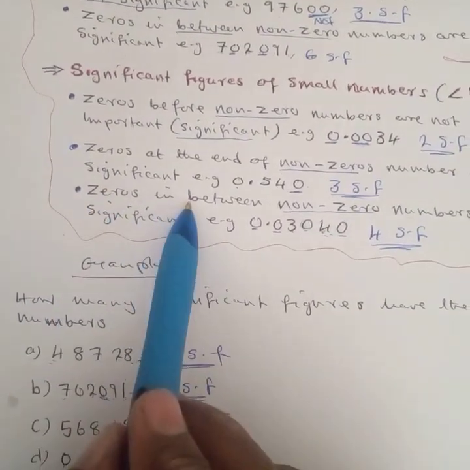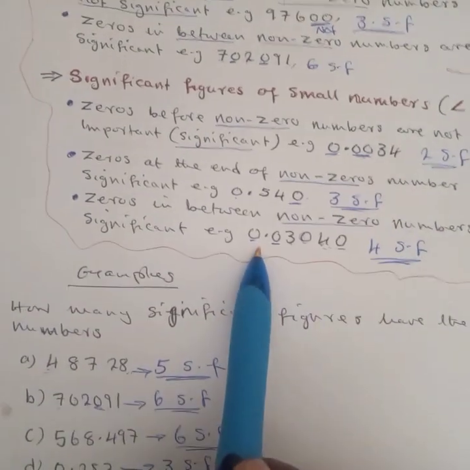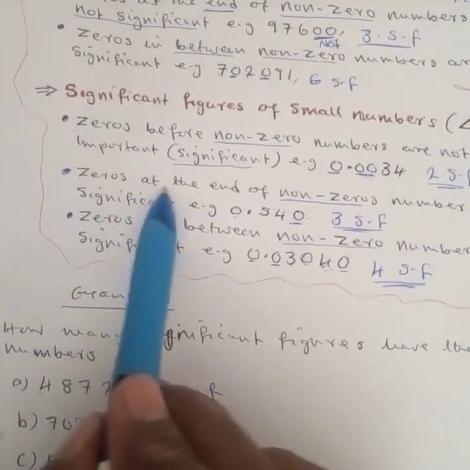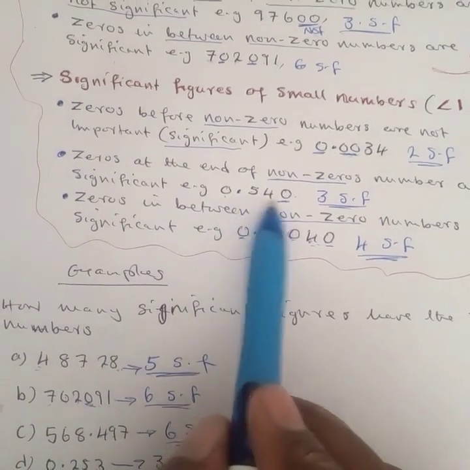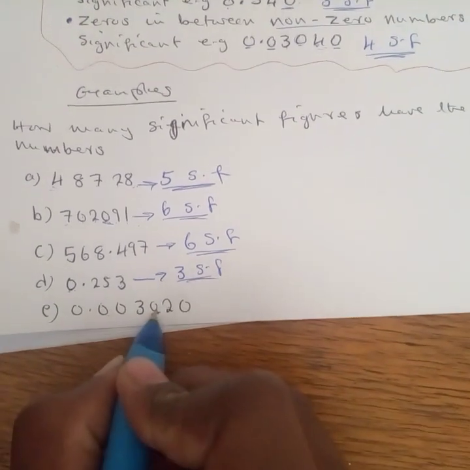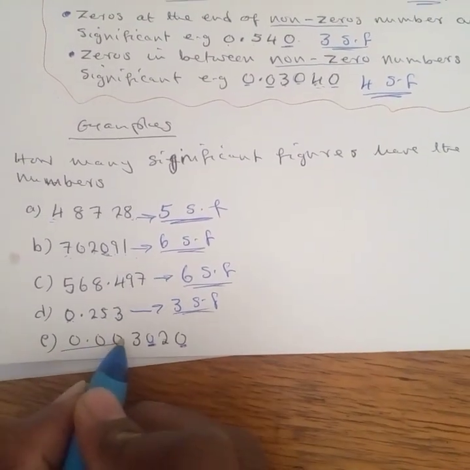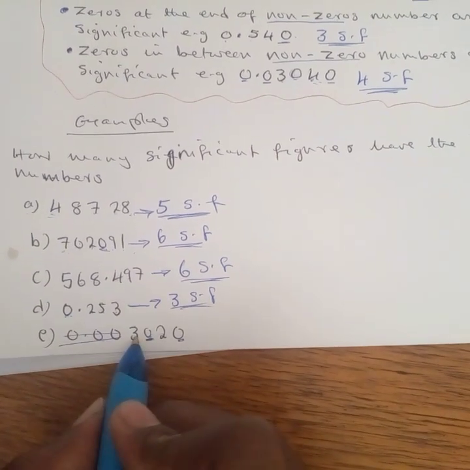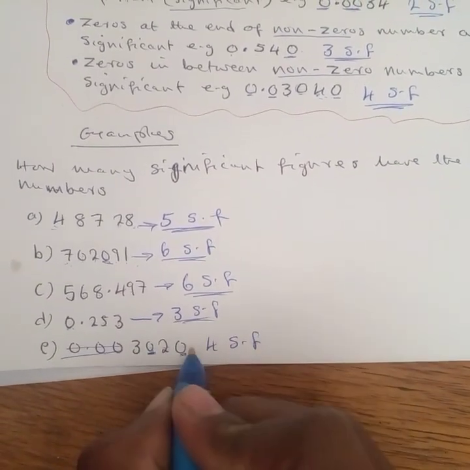Zeros in between non-zero numbers are significant. And also we apply this one. Zeros at the end of non-zero numbers are significant. So this is only applicable for small numbers. So this 0 here and this 0, it is significant, but these are not significant. So we have 1, 2, 3, 4. We have 4 significant figures.